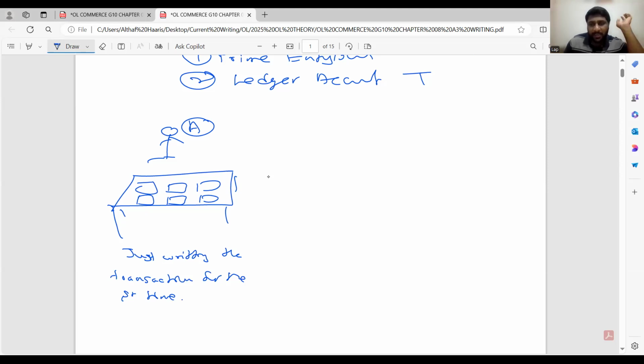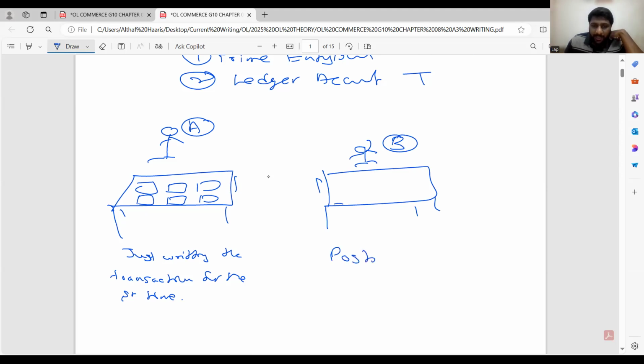Once he writes the transactions, there is another person. We'll assume that person is B. His responsibility is posting the double entries, which is the debit credit entry.